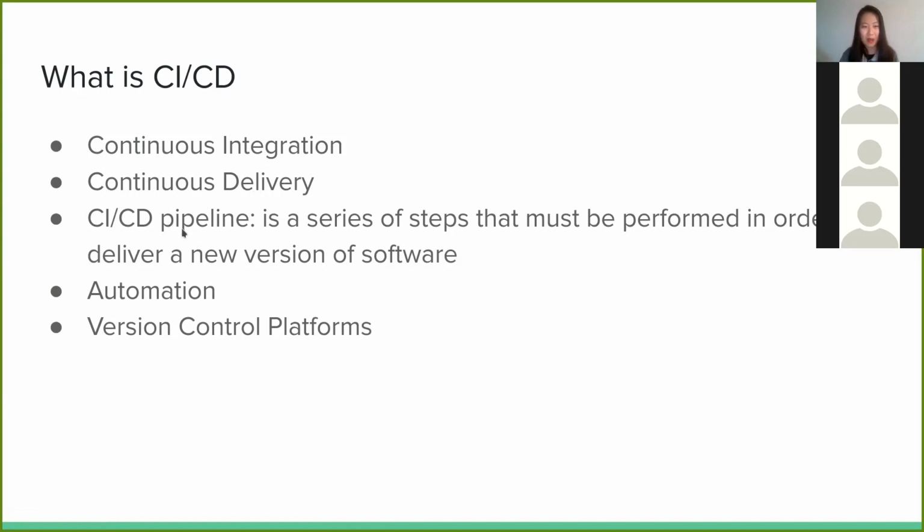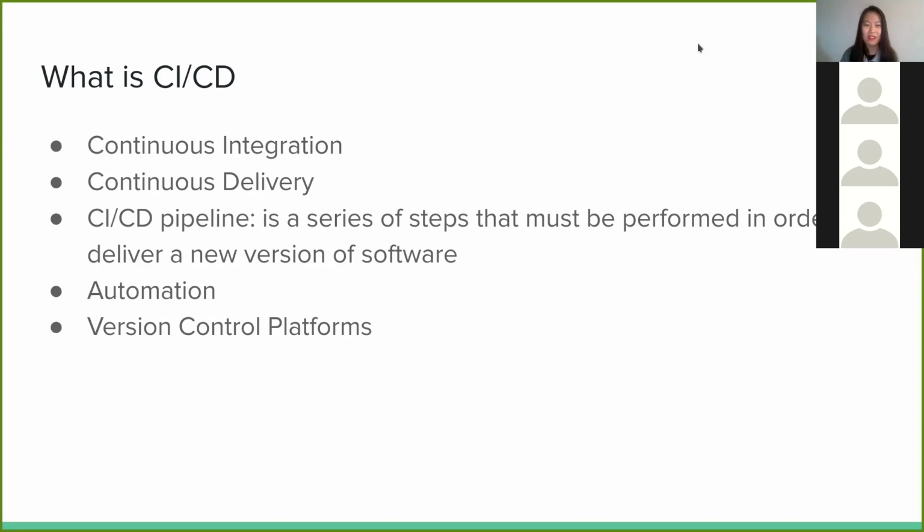And then a CI/CD pipeline just means a series of steps that must be performed in order to deliver a new version of software. Whenever you push, pull, or commit, there will be some test triggered, or there will be some checking. There will be anything that you think necessary to perform on your code.